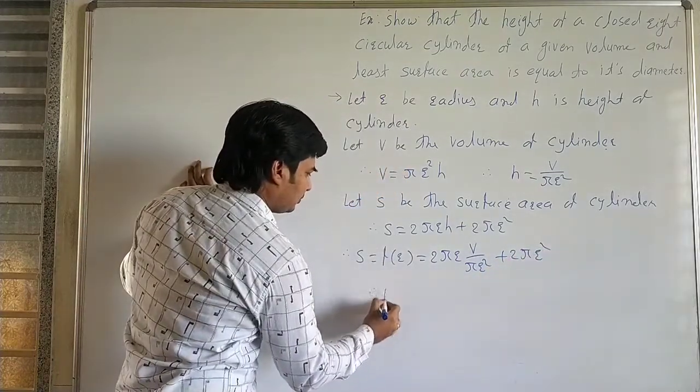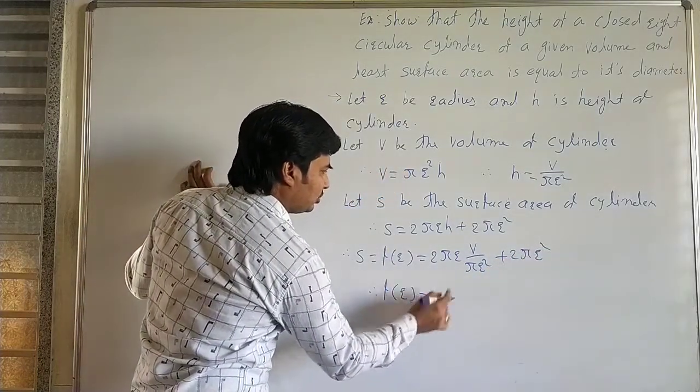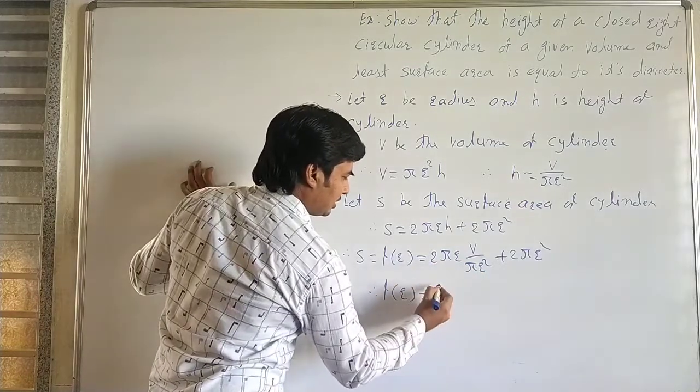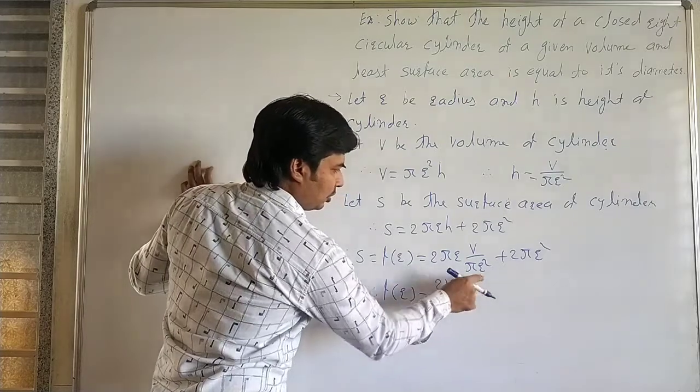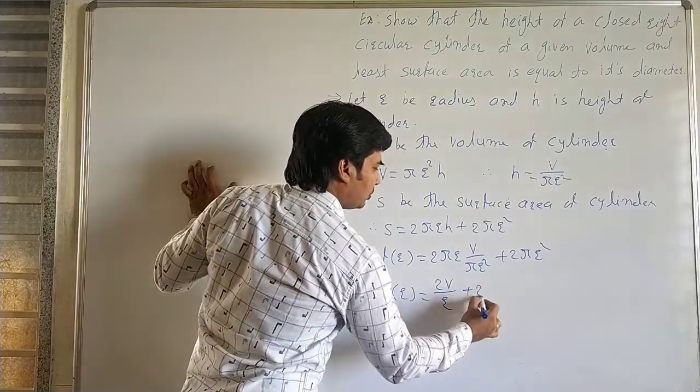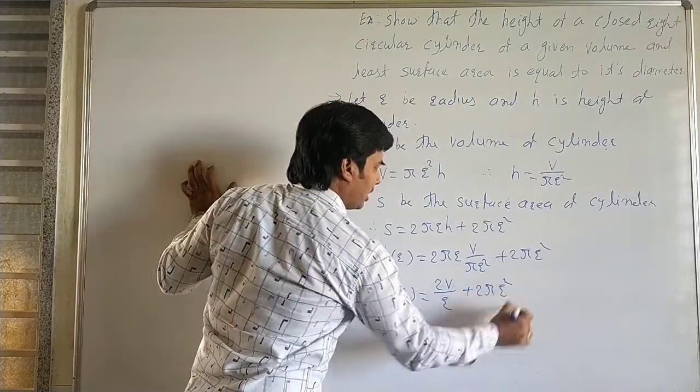Therefore f of r is equal to 2 phi upon r plus 2 pi r square.